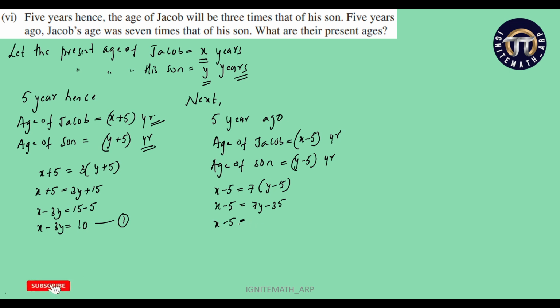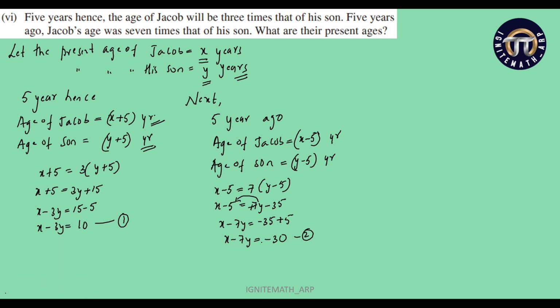Here in this step itself I can write it, children. You bring x and y together and all the constants to the other side. x minus 7y is equal to minus 35 plus 5, because plus 7y taken to the other side becomes minus 7y. Clear? Right. So now x minus 7y is equal to minus 30. This is our second equation.